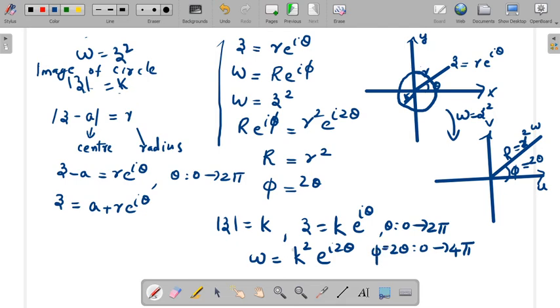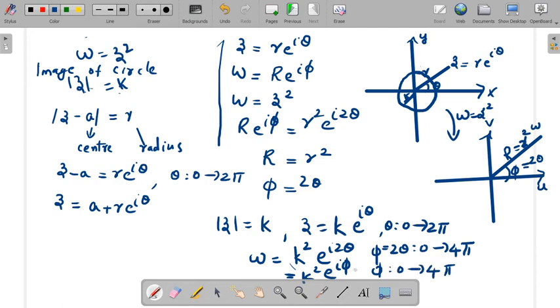So this will represent a circle whose radius is k square, or this is of the form k square e raised to i phi, where phi varies from 0 to 4π.